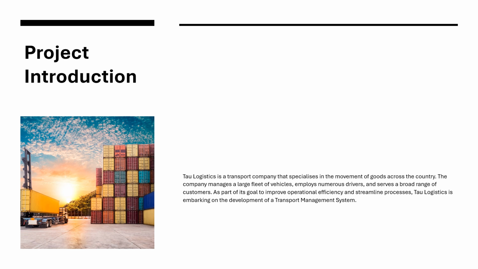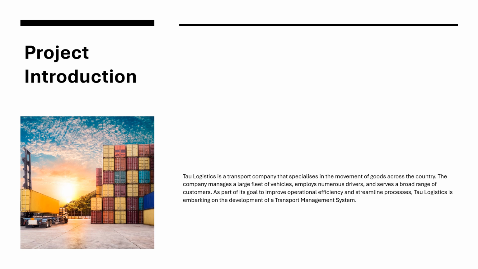This transport management system will help Tau Logistics to manage their fleet, to have statistics like how much fuel is used from point A to point B, what shipments have been delivered, and what shipments are still in transit, that kind of thing.